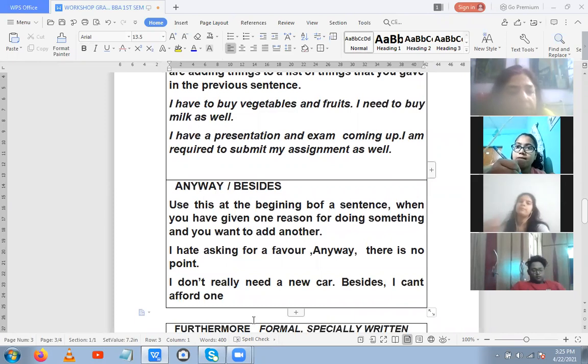Anyway, and besides, these are all linking words. When you want to add on ideas and actions in your workshop, you will use these words to make a sentence a little more meaningful.